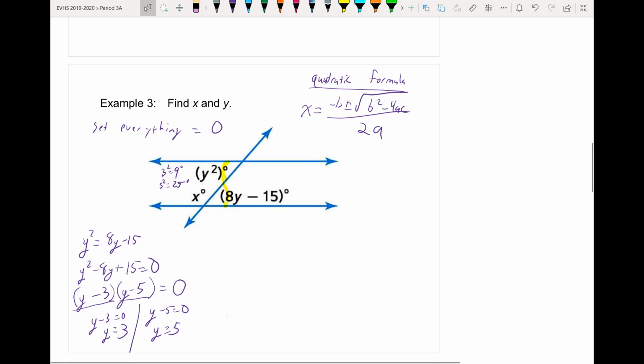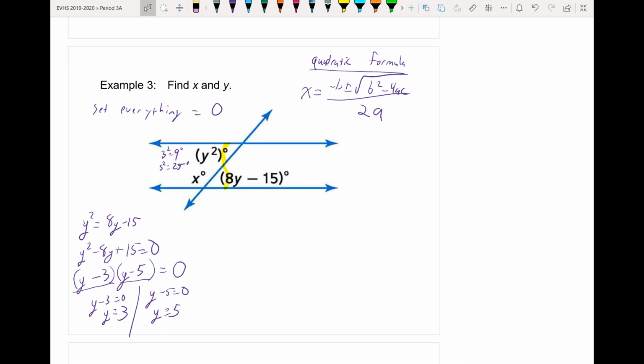Now that gave me y. Now you've got to deal with x. Well, let's take the case where y equals 3. When y equals 3, these two guys add to be, what kind of angles are they? Consecutive interiors add to, supplementary. Your supplementary angles add to 180.